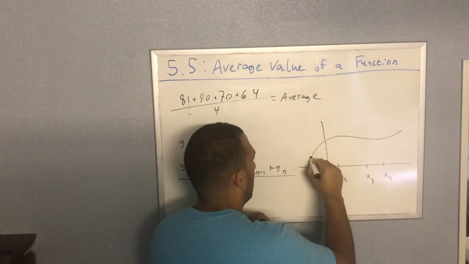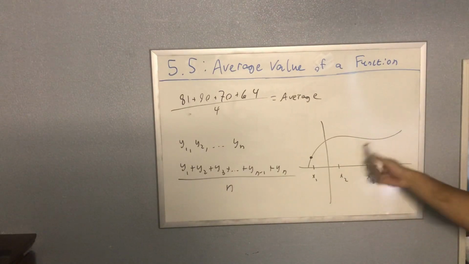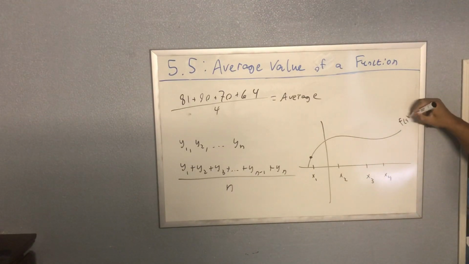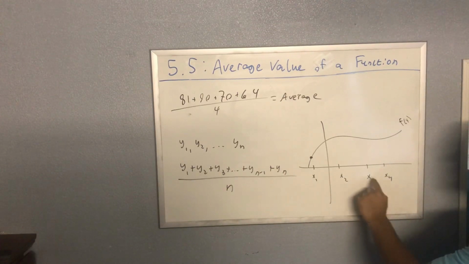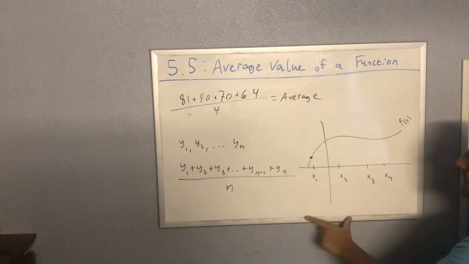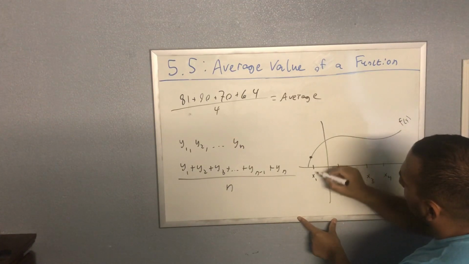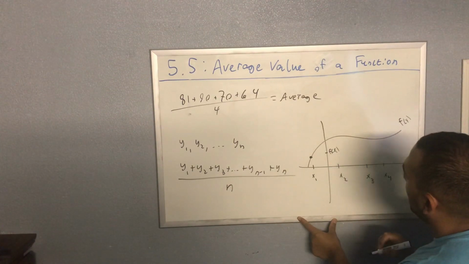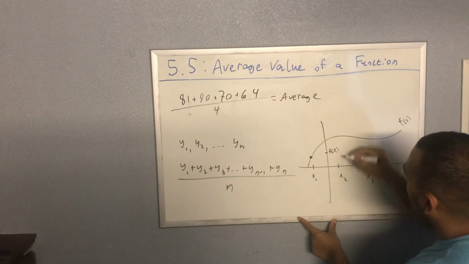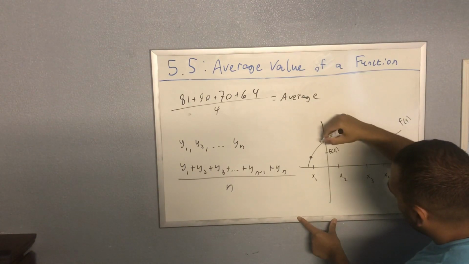So we have our function, and then we take just a few sample points on the domain that we're considering. You could take more, you could take less. Then you take x1, then the output here is f of x1. And then if you take x2, the output here is f of x2.